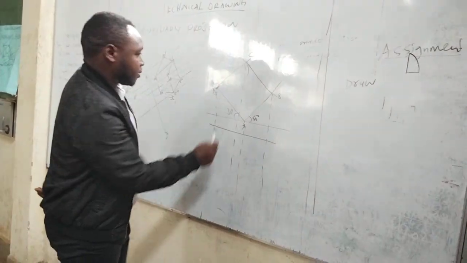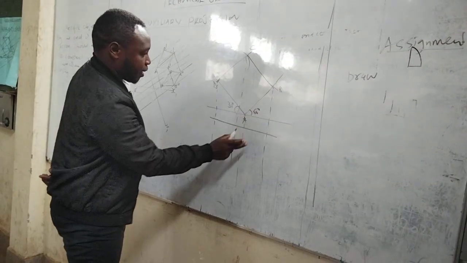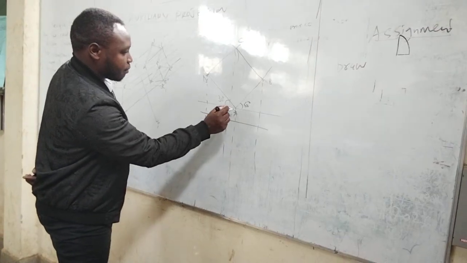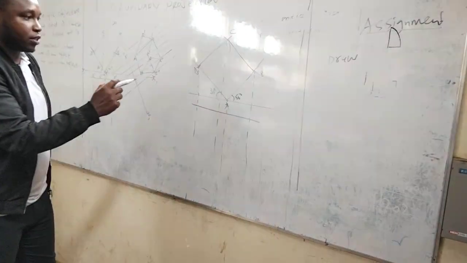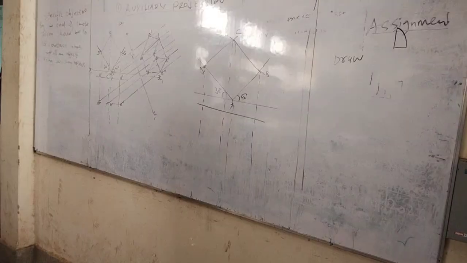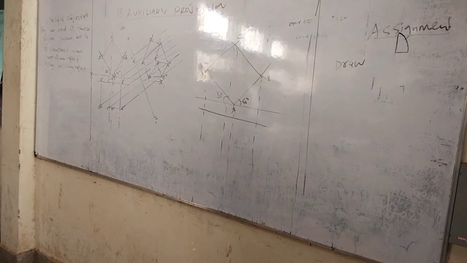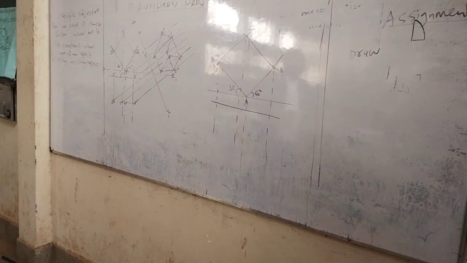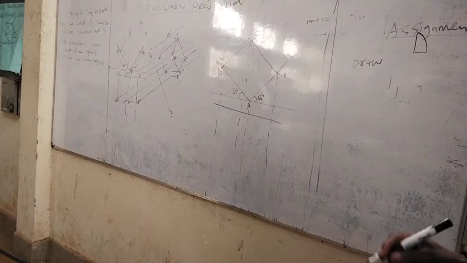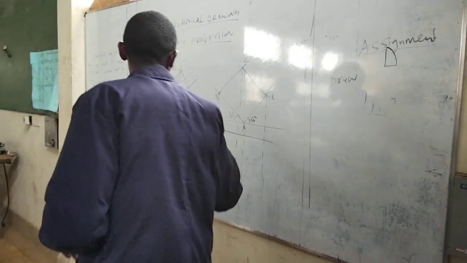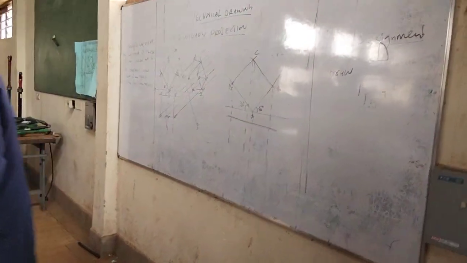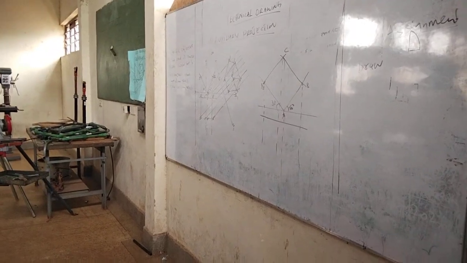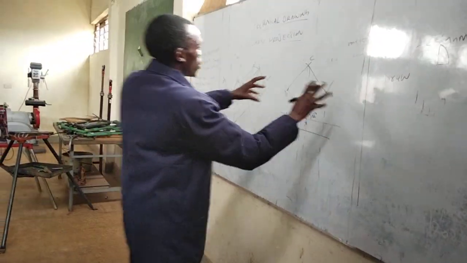Then to come up with a plan, we just measure from A to C. So, let's clap. Next time we should draw the whole.